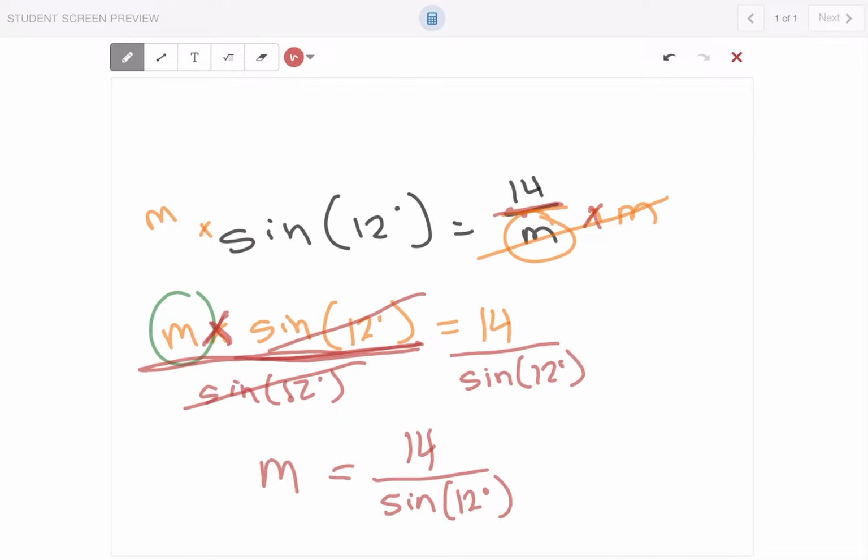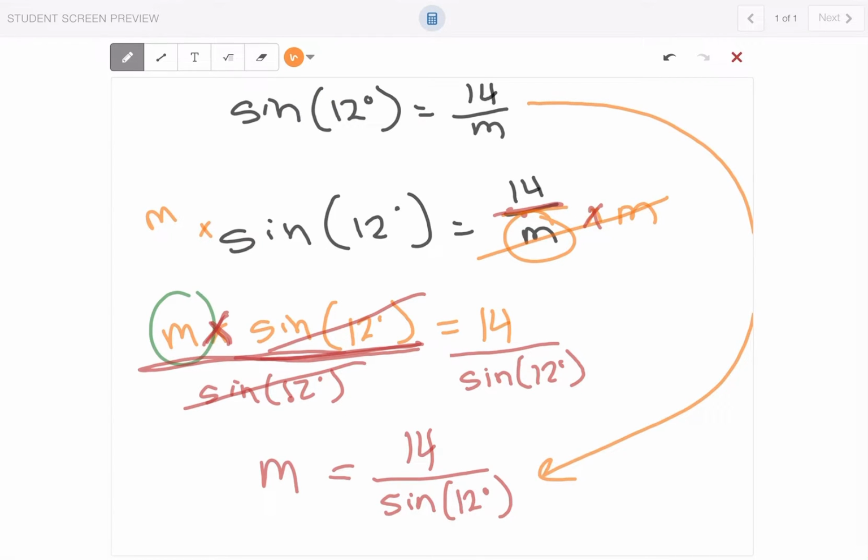So if you take a look at our original problem, sine of 12 degrees is equal to 14 divided by m, and then you take a look at what we ended up with, what you'll notice is that the sine of 12 degrees and the variable m have essentially just flip-flopped, okay?